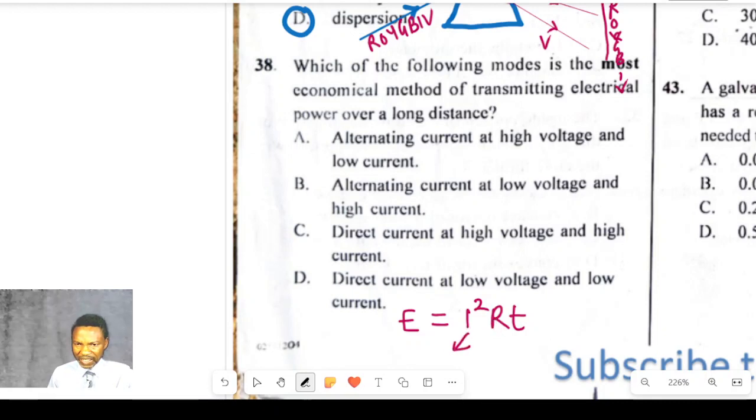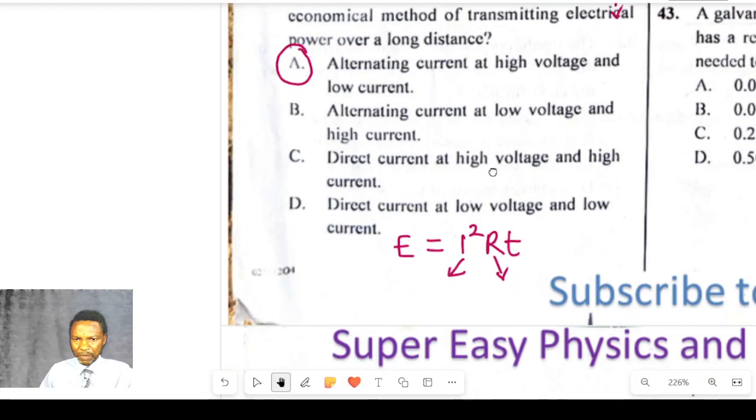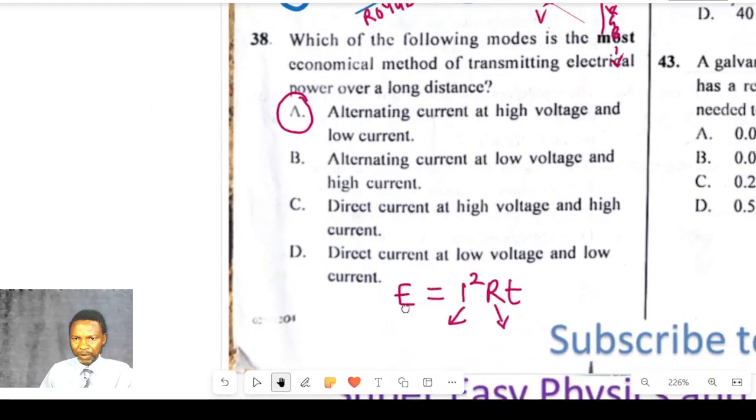We don't have anything about the resistance of the transmission cable, but another way to reduce that is to transmit at high voltage and low current. So we have alternating current at high voltage and low current. That makes the transmission economically viable.